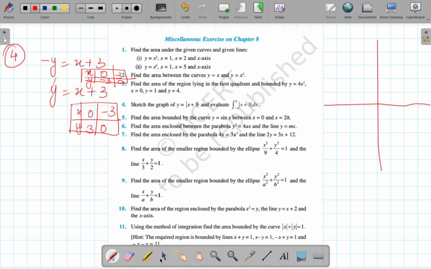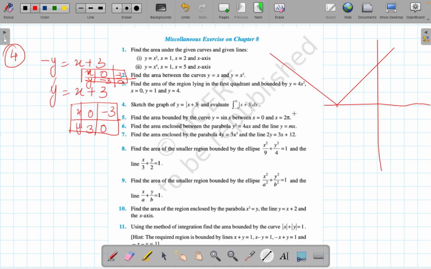So that means the line, since it is a modulus, here it will be minus 3. So it will look something like this, right? Modulus graph is always like this.